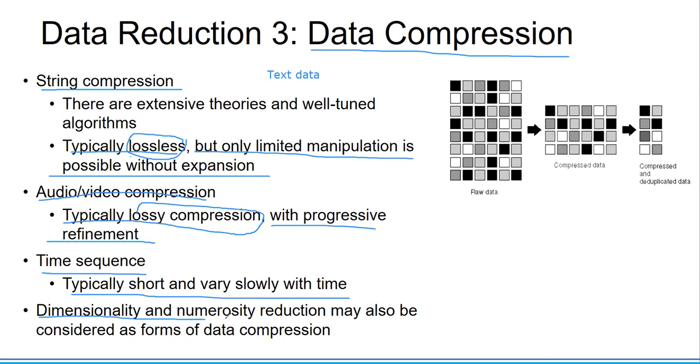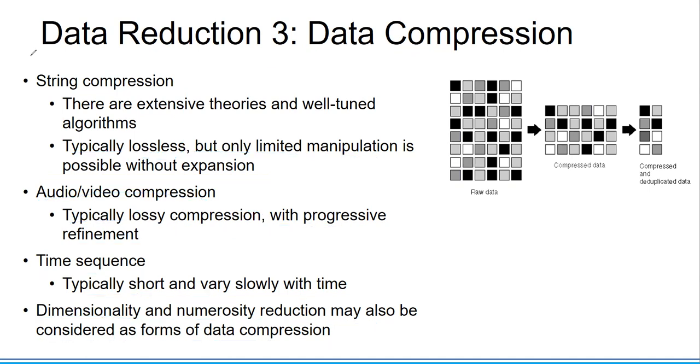Dimensionality and numerosity reduction may also be considered as forms of data compression. Now, if you look at this concept, the raw data will be something like this one. We have 6 columns and 8 rows. When you compress the data, you can compress with regard to the rows, and you can compress with regard to the columns.